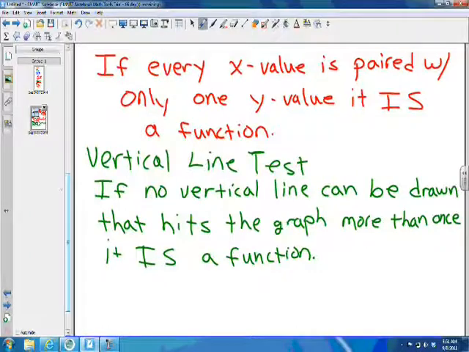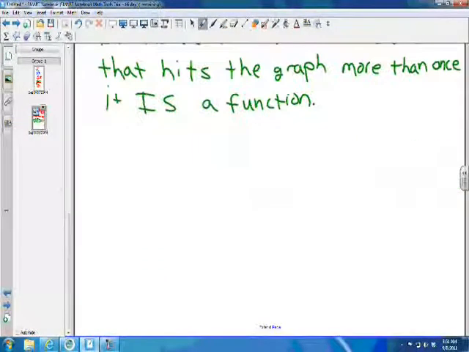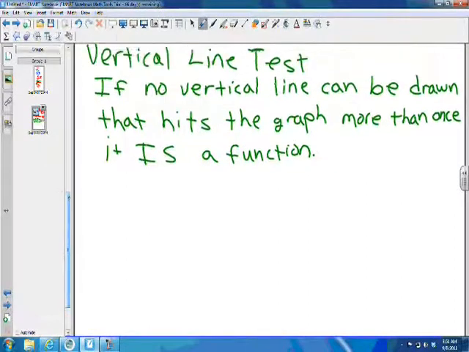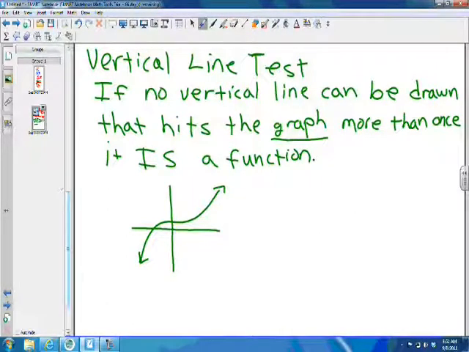I'll give you two examples of what we're talking about. So again, you use the vertical line test when they give you a graph. If you're just looking at a graph, then you use the vertical line test. So if this was the graph, this was your homework problem, it might look something like this. The graph, when it talks about the graph here, it's talking about whatever's drawn on here.